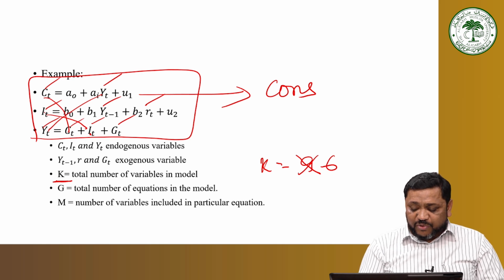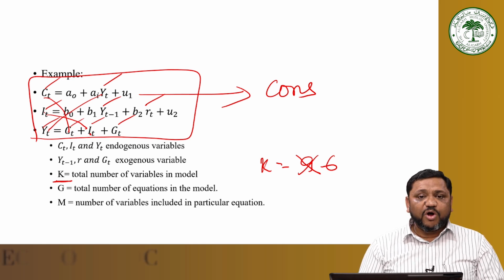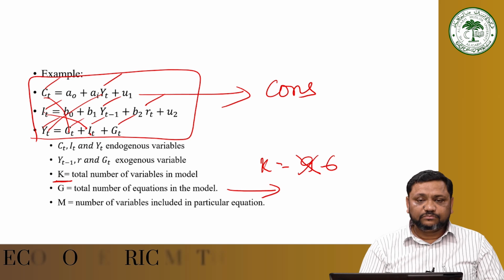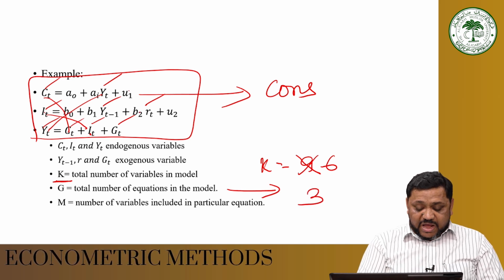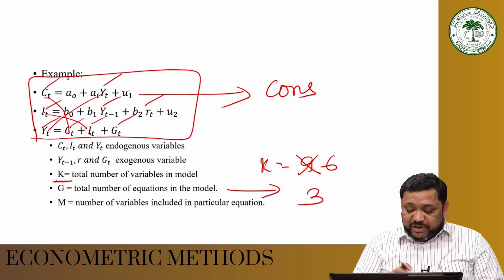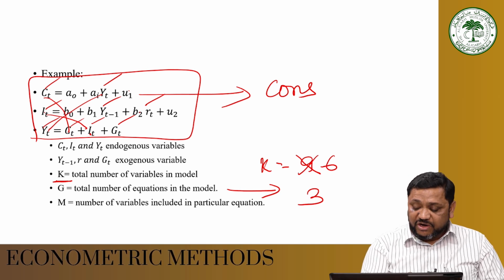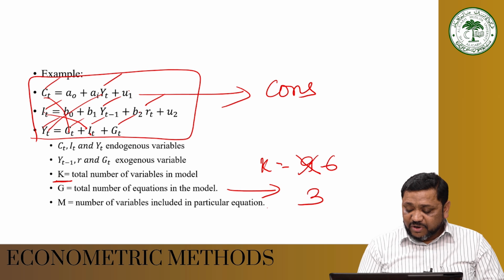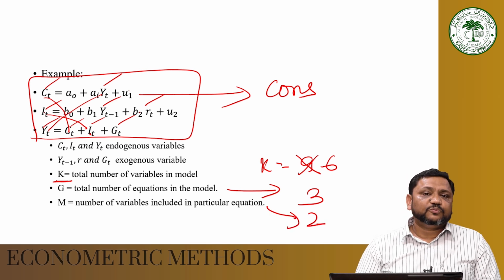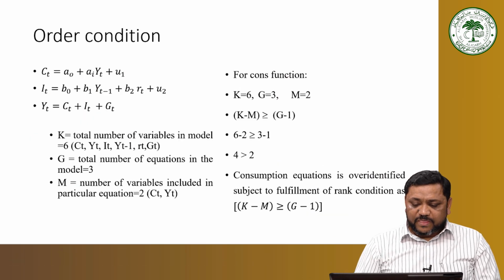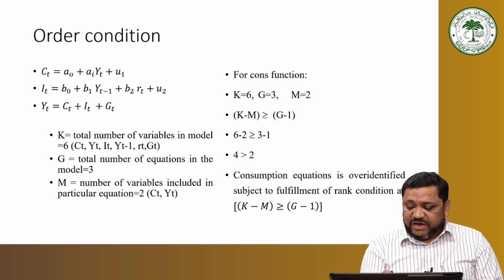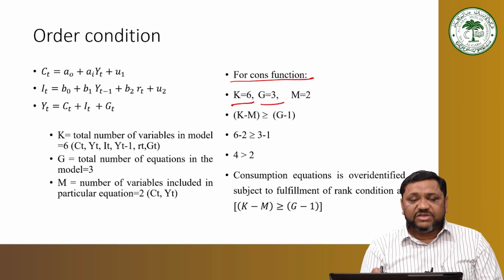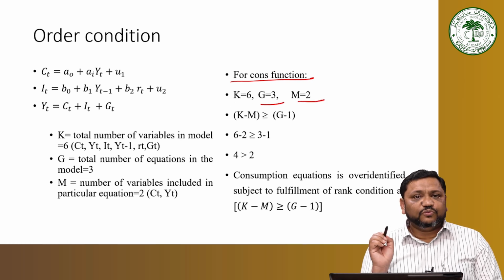G, total number of equations in the model: 1, 2, 3. M, number of variables included in the particular equation. We are talking about the consumption function. Number of variables included is 2. So what we have seen, order condition, for the consumption function k, which just now we have seen, k is equal to 6, g is equal to 3, m is equal to 2.